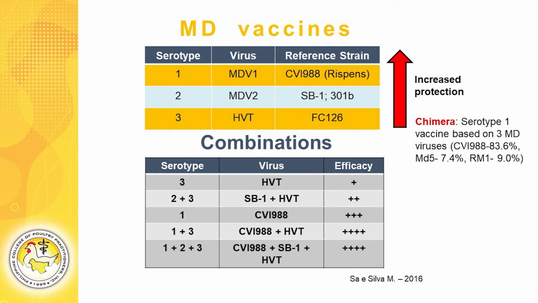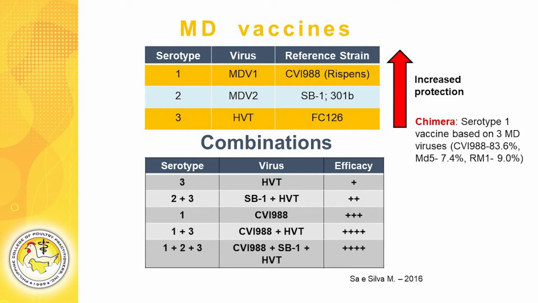These are the vaccines that we have available against Marek's disease, and we classify them into 3 serotypes, 1, 2, and 3, and according to the efficacy, depending on the strains in the field. So a serotype 3, an HVT, will be efficacious against milder strains of Marek's disease virus, whereas a serotype 1, the Rispens strains, will be more efficacious if you have to protect your birds against more virulent strains.